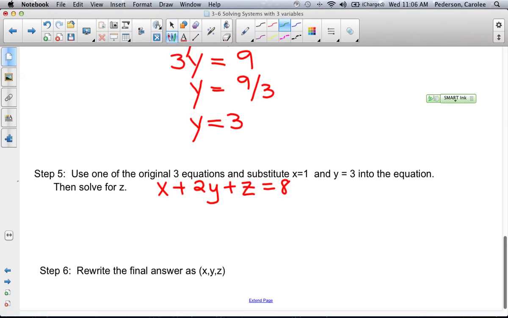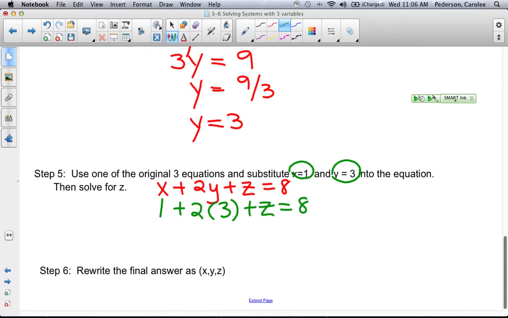And I'm going to substitute x equals 1 and y equals 3 into this equation. So I have 1 plus 2 times 3 plus z, which equals 8.